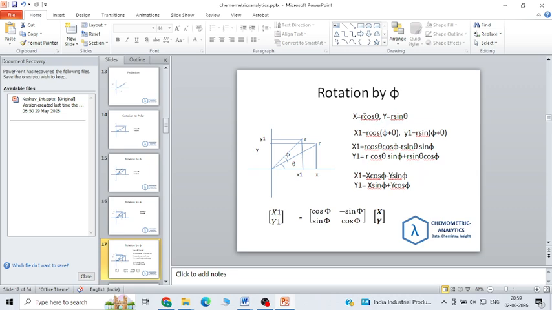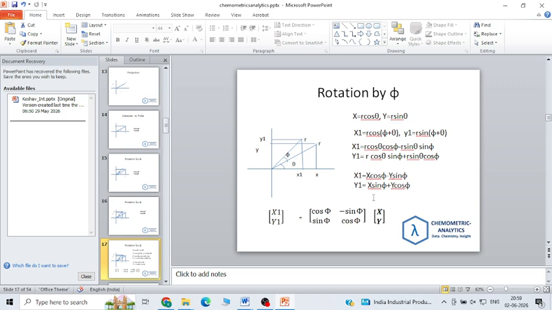Then if I plug in the values that we had from the beginning, x1 is related to x through cos phi, right? And then you substitute this r sine theta with y, so this becomes y sine phi. Likewise you can do it for y1.